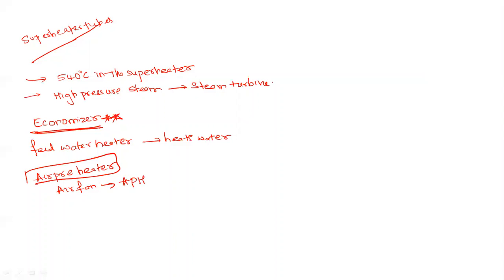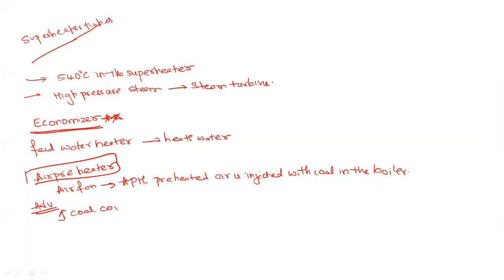Preheated air is injected with coal in the boiler. The advantage of preheating the air is that it improves the coal combustion.